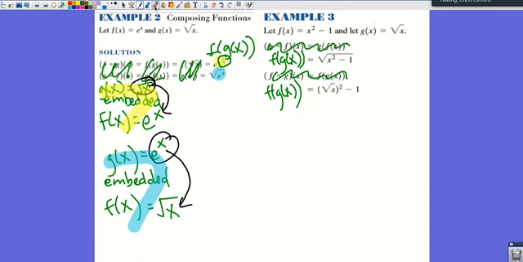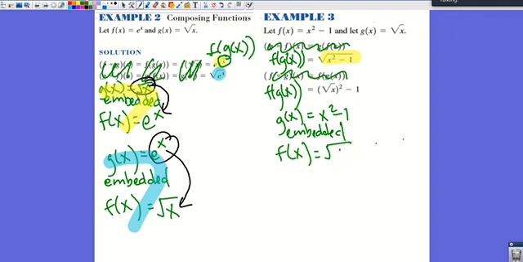Now I'm going to call this the yellow highlight, and I'm going to say g of x, and again this is the embedded function. I'm going to call that x squared minus 1, and we're going to embed that within the bigger function of square root of x.